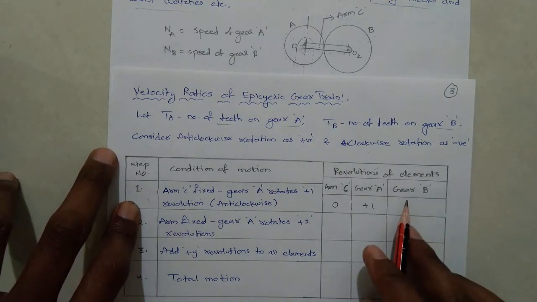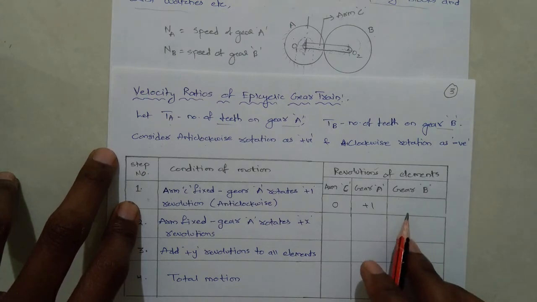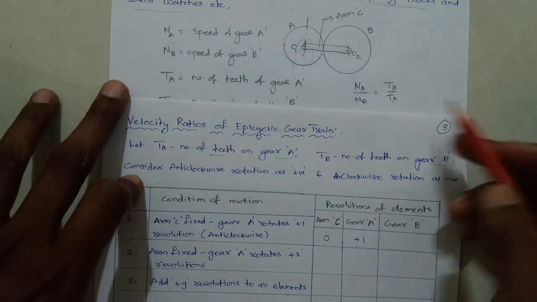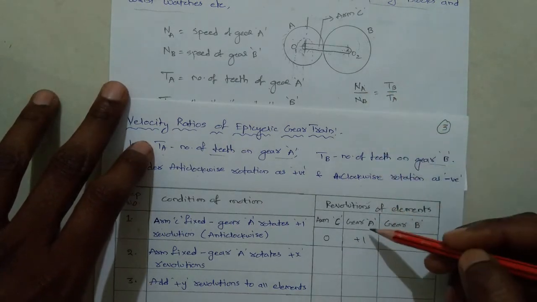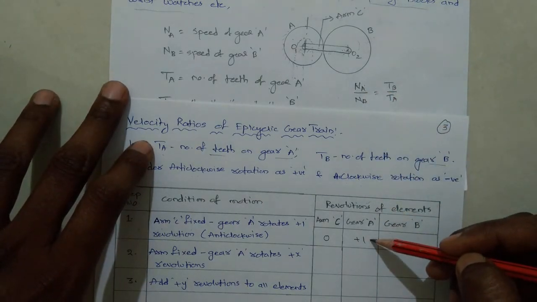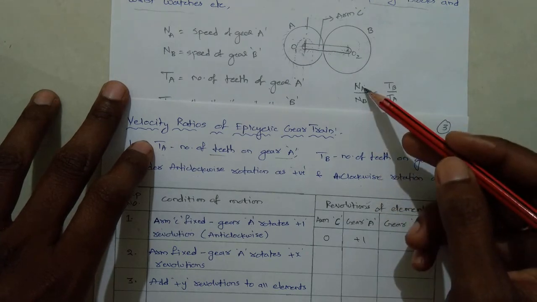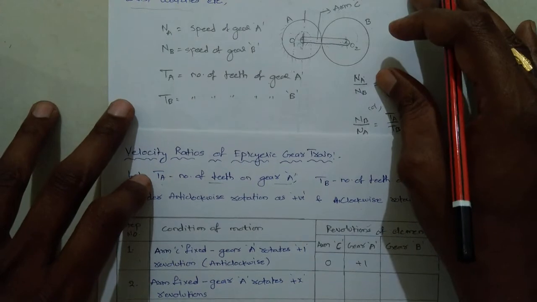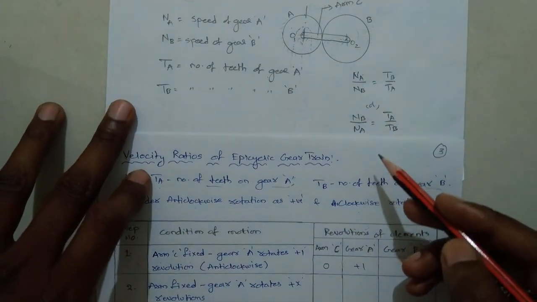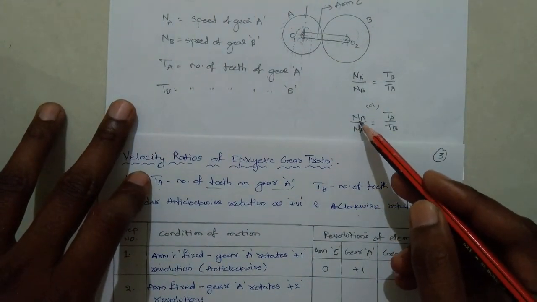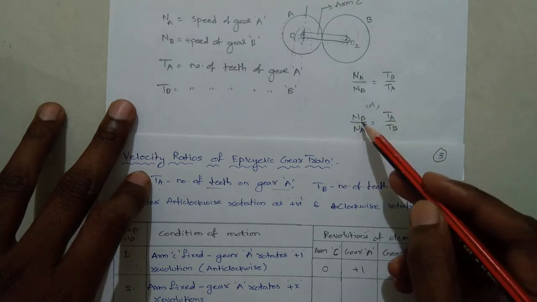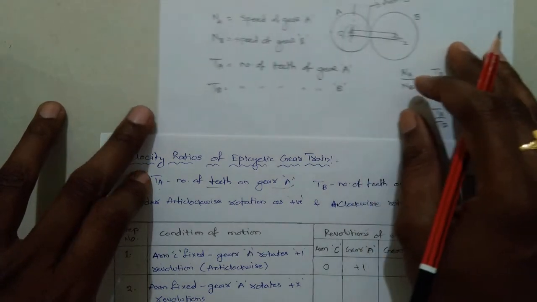Now what about the speed of gear B? How to get it? See, I have written a formula here. Here you can see NA, the revolutions of gear A, is 1. How to get NB? You can use this formula. NA is equal to 1. Substitute NA equal to 1 in this formula, then you get NB like this.